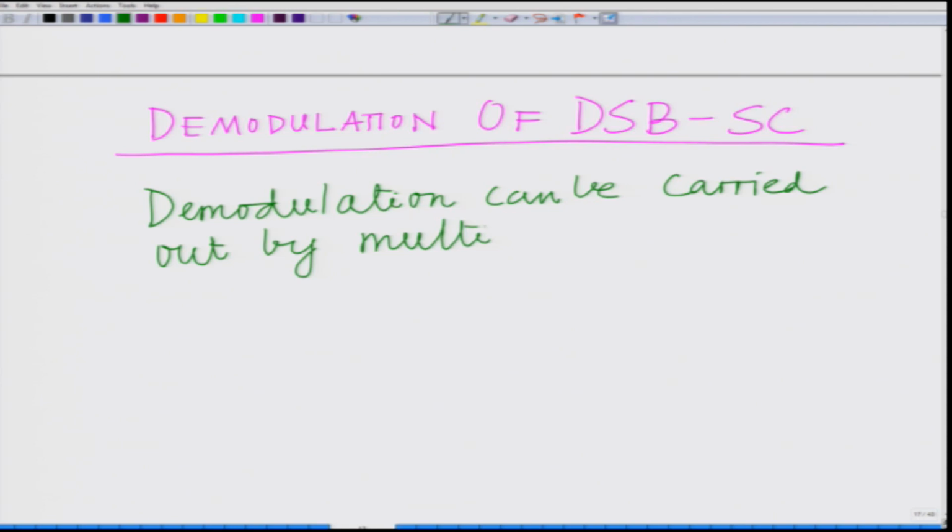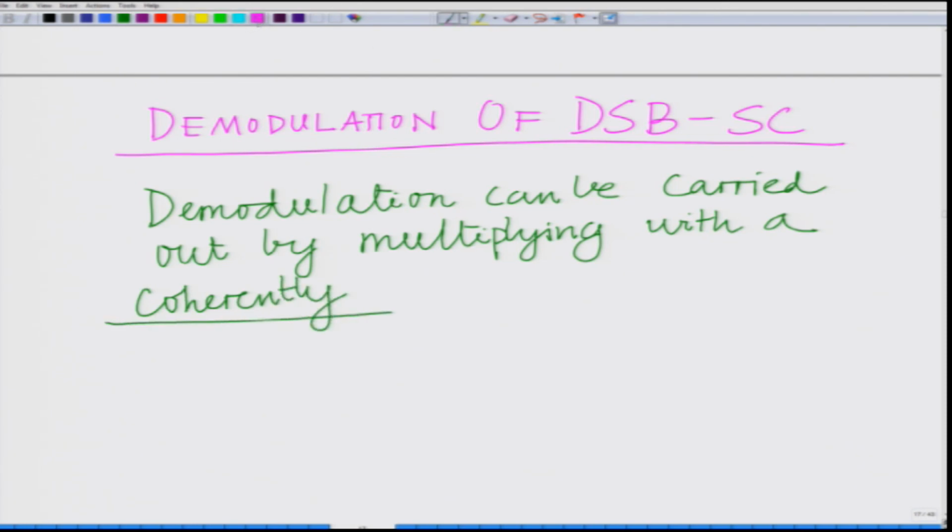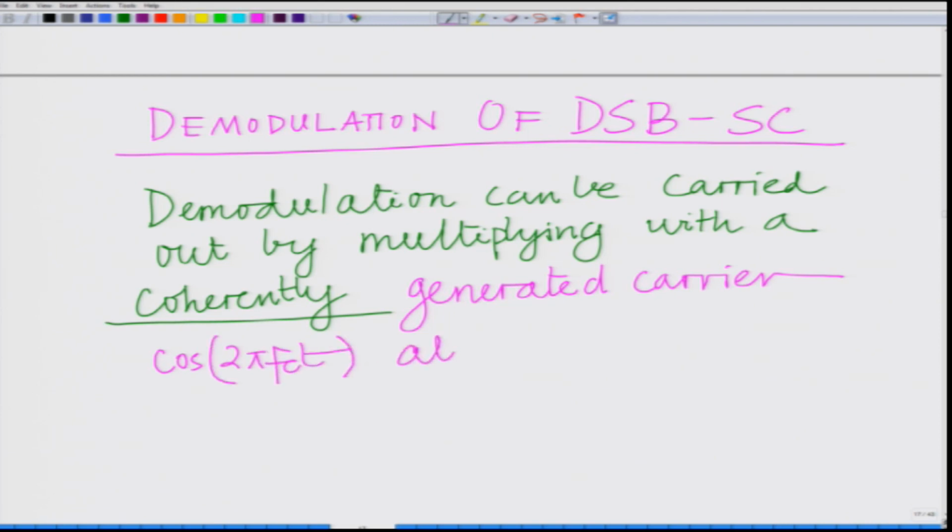Let us note that down: demodulation can be carried out by multiplying with a coherently generated carrier, cosine 2 pi f c t, at the receiver.